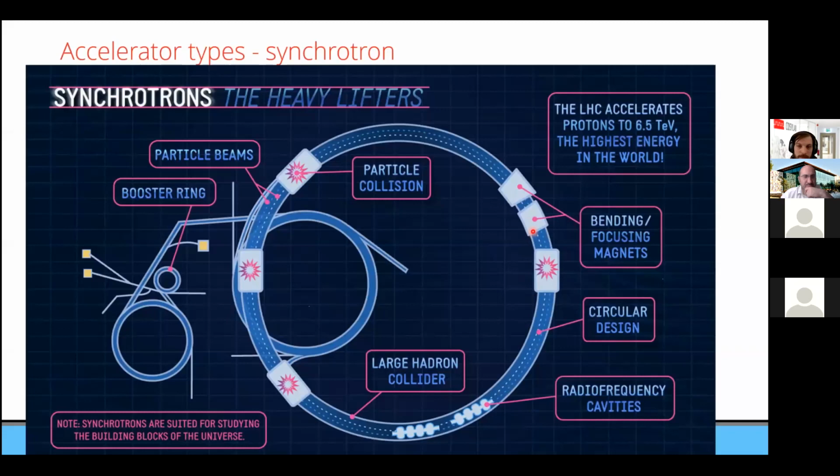Here in the picture is a simple depiction of the Large Hadron Collider, which can achieve an energy of 6.5 tera electron volts.